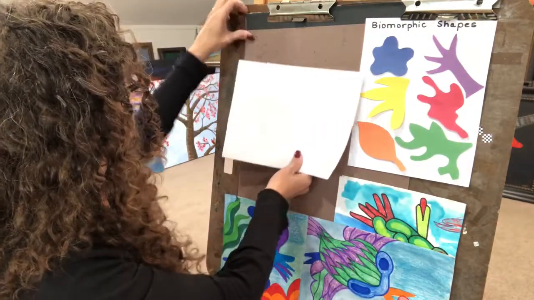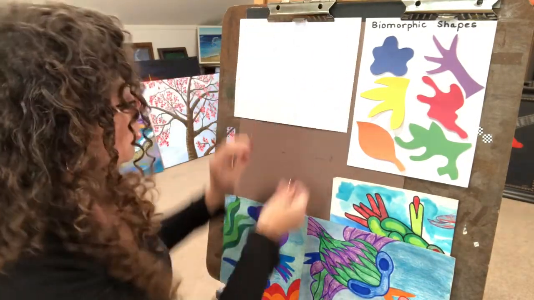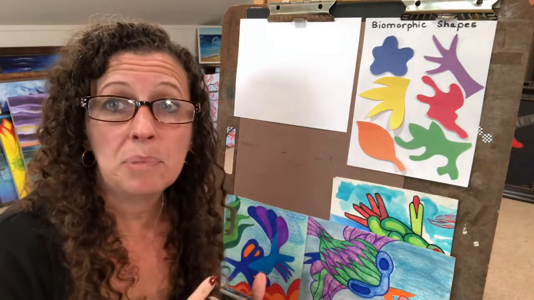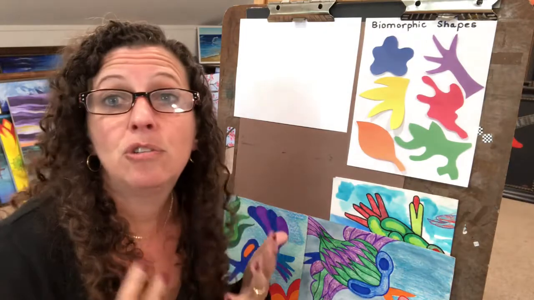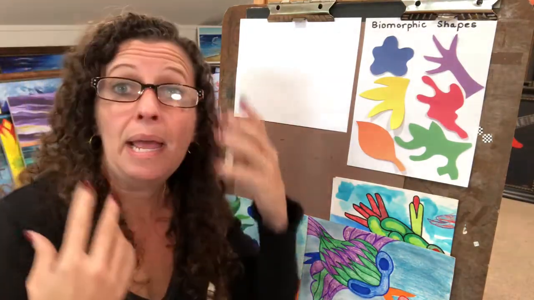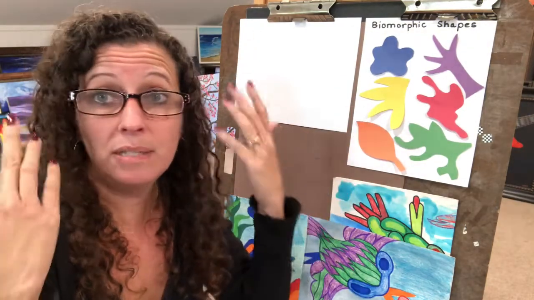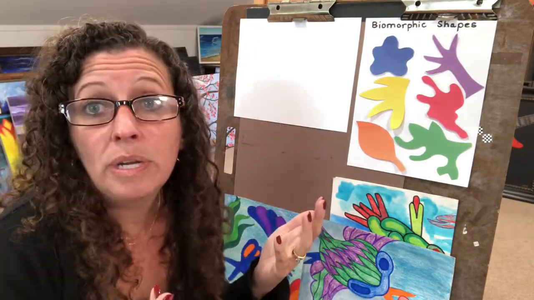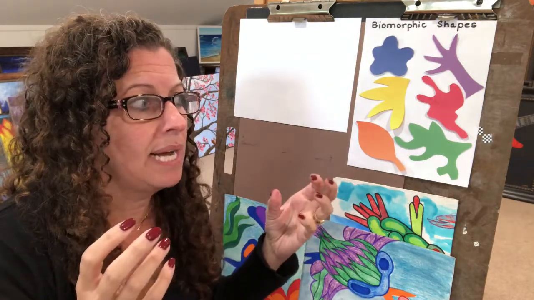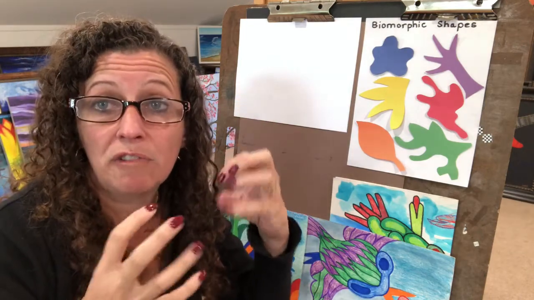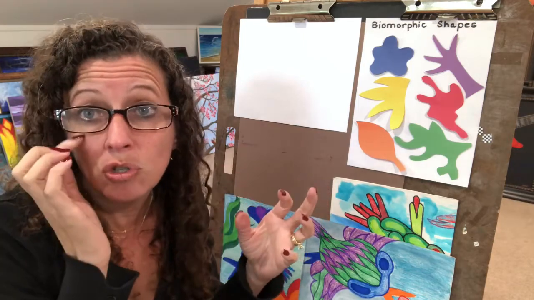So I'm going to put my piece of paper here, and I'm going to show you a few samples of what it is that you're going to be drawing. I would like you to create an imaginary creature, totally made up from your mind, your imagination, or it could be an animal that you have seen or that exists, or you could combine an animal that we know of in reality with some imaginary features, right?